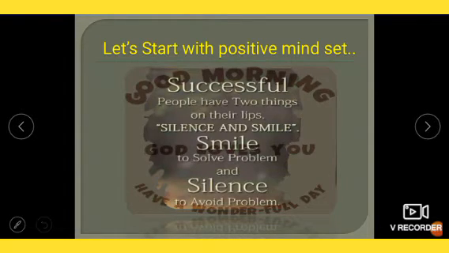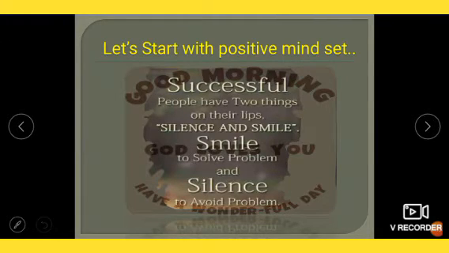But before starting, let's begin with a positive mindset. The thought is: successful people have two things on their lips, silence and smile. Smile to solve problems and silence to avoid problems. So dear students, you also have to act this way.